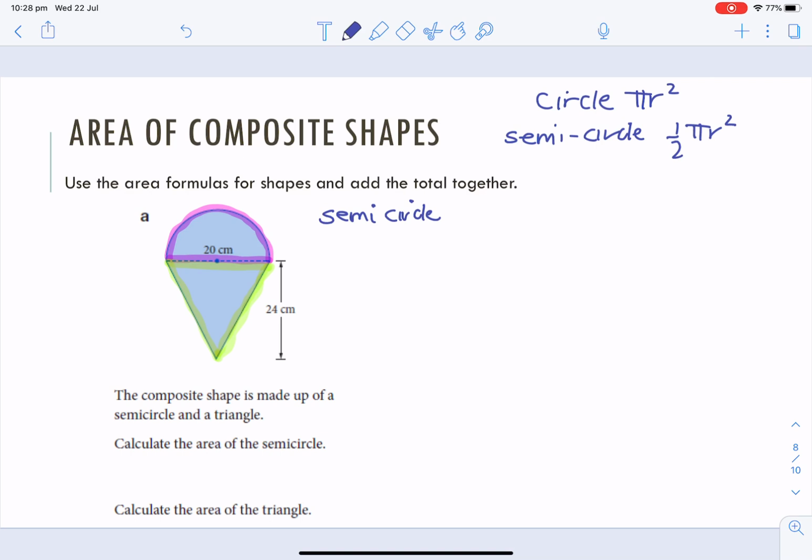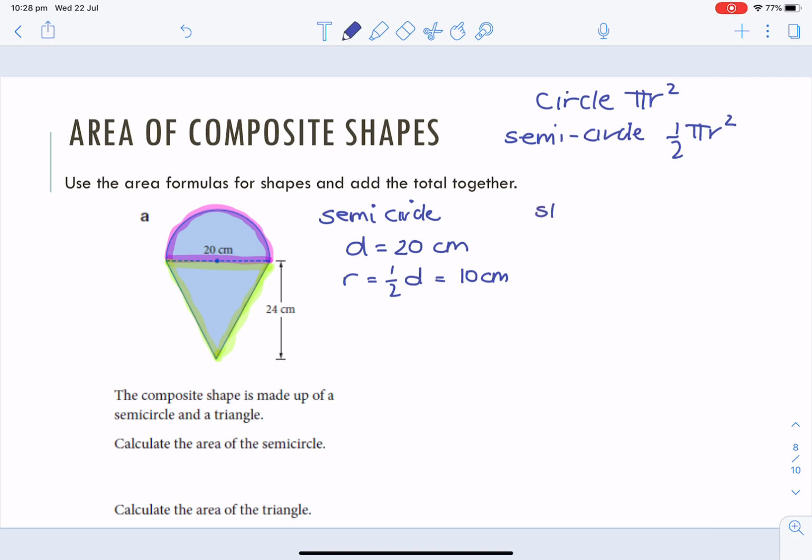Now I've got a diameter equaling 20 centimetres, and I know that my radius is equal to half my diameter, therefore it's equal to 10 centimetres. And I just put things in there.